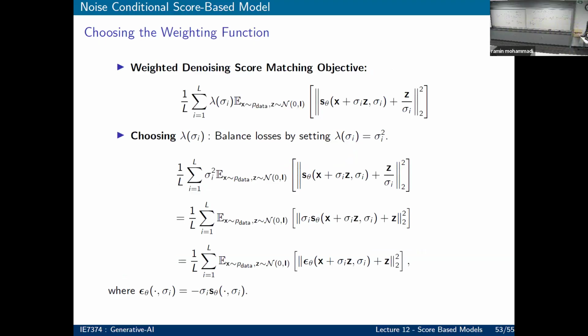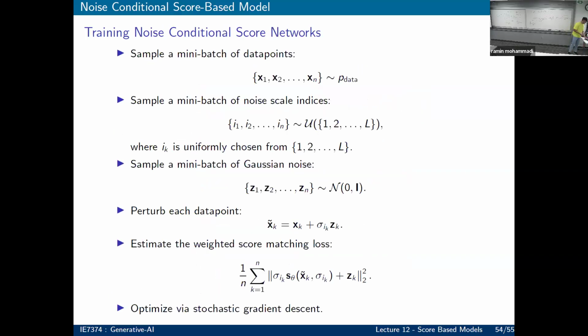We're just expanding on it, and we remove this sigma squared, and we basically get to this term. So this one plus this one. Just leave that for yourself to expand on. So that becomes denoising score matching.